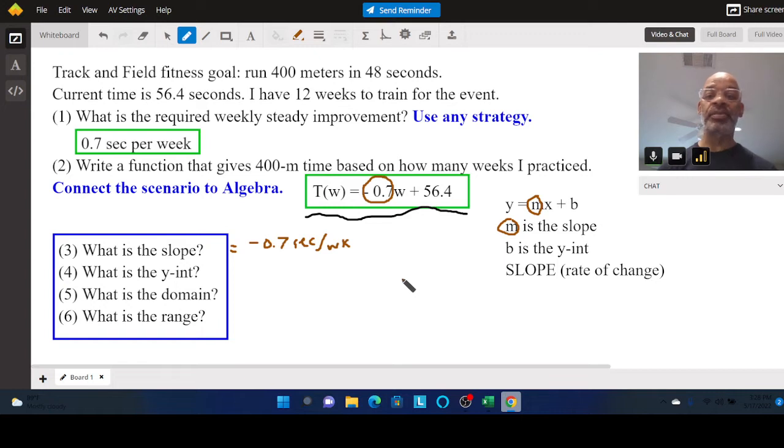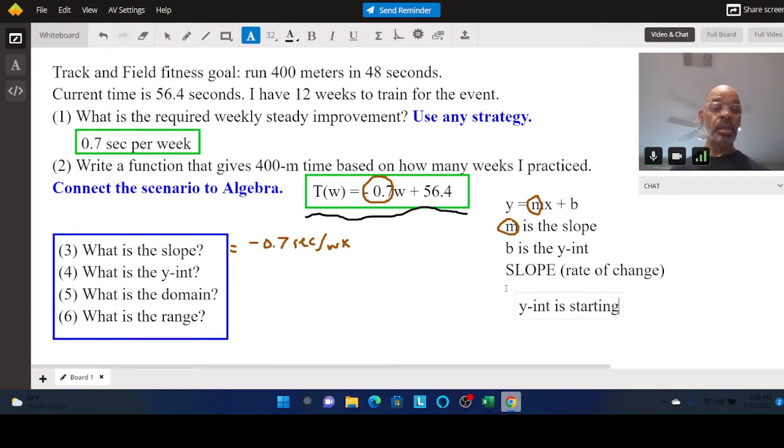The y-intercept. Y-intercept is always your starting amount. Y-int is starting, or initial, or original, or might go off the page, beginning amount.